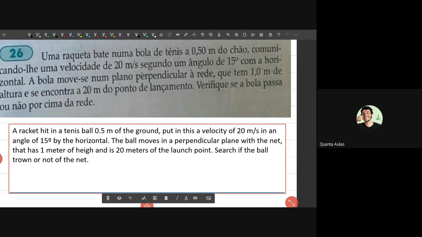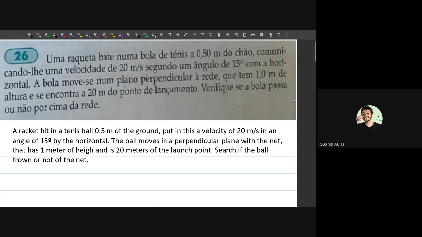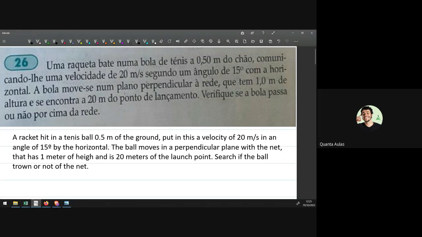Do you understand the problem? Yeah. So it's a little problem of two-dimensional motion again.